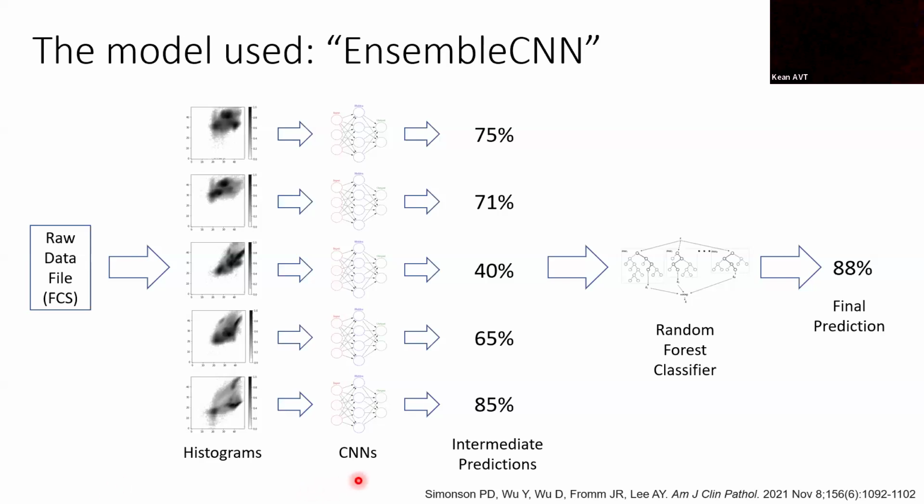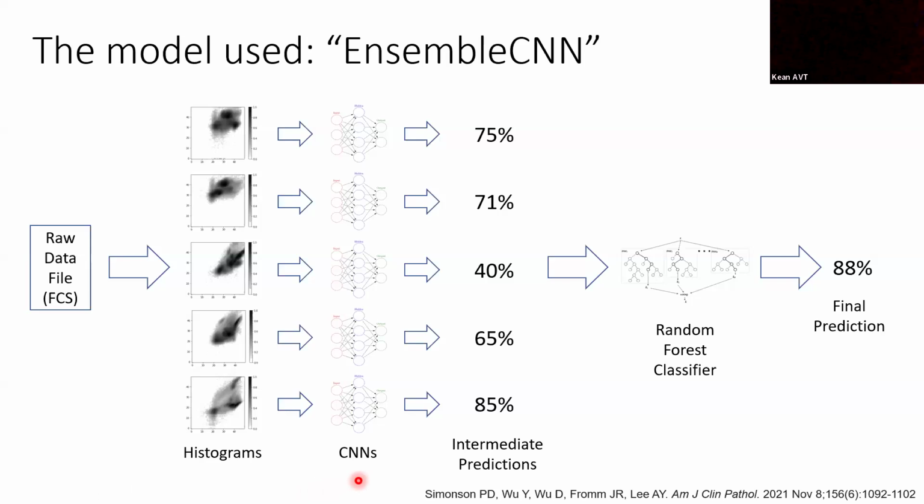So then we apply what's called a convolutional neural network algorithm. And this is a machine learning classifier that basically is good for looking at images and making a prediction. So basically, that's all it's doing. And then it spits out a prediction score for each of those two-dimensional histograms.